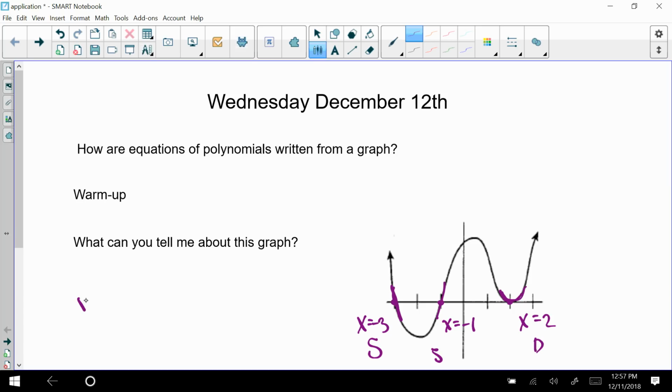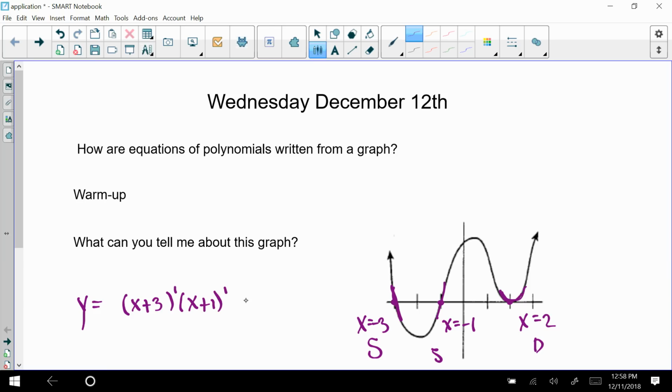So if I come over here and think about what that looks like as an equation, if I have a root at x equals -3, what that's going to look like in the equation is an x plus 3. It's a single root, so I have it to the first. You don't have to write that 1, but you can. A root at x equals -1 will then transform into an x plus 1 factor.